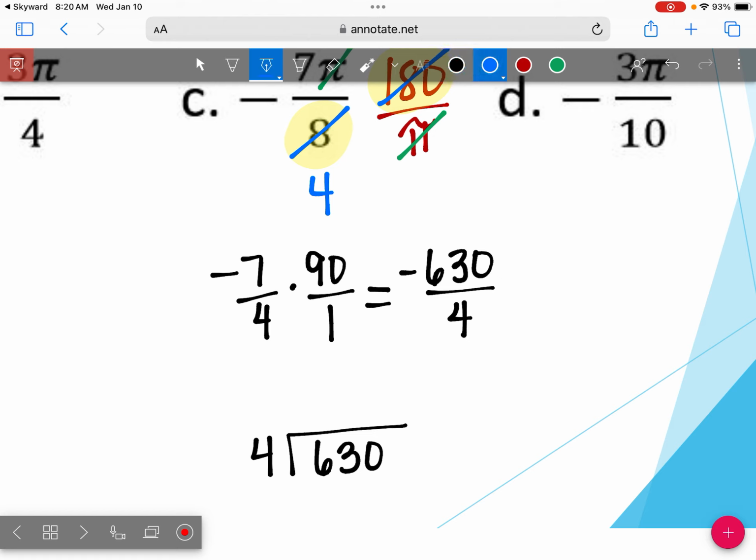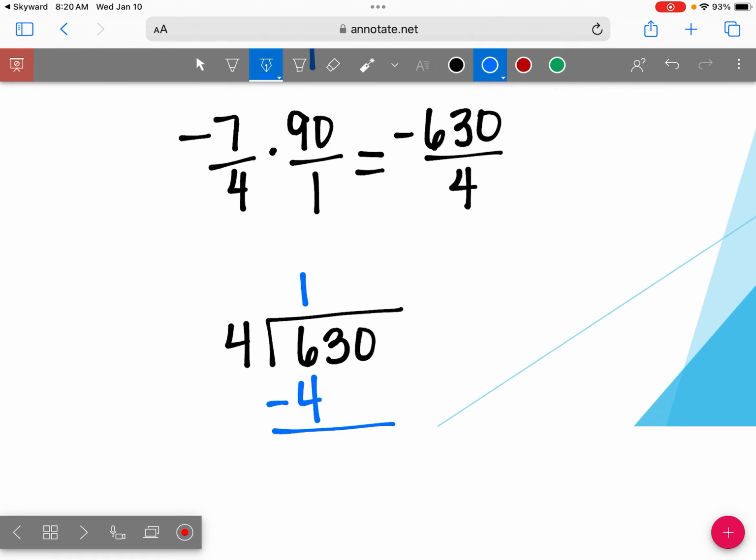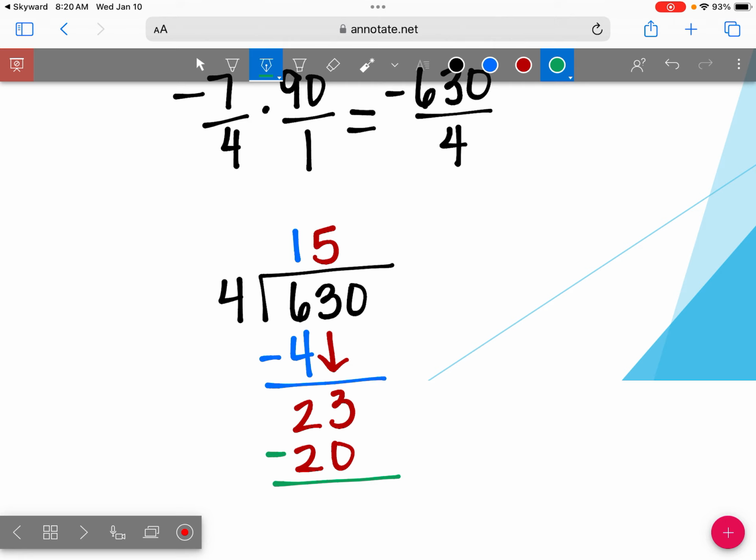So 4 goes into 6 one time. And then I'm going to subtract 6 minus 4, which gives me 2. Bring down the 3. How many times does 4 go into 23? 5 times. What's 5 times 4? 20. And then we subtract. And I have a 3, and I'm going to bring down this 0. 4 goes into 30.